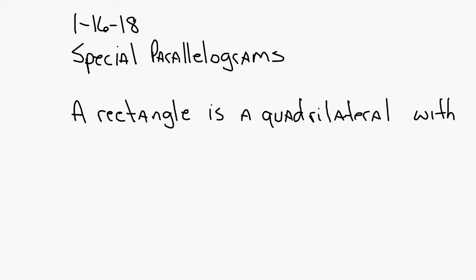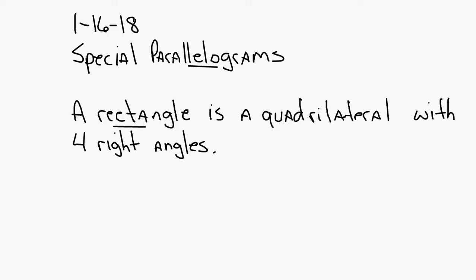And of course, a rectangle has 4 right angles. All right, now since a rectangle is still a parallelogram, it's got all the properties of a parallelogram that we talked about last week. Opposite sides are congruent, opposite sides are parallel. 4 vertices, sum 360.